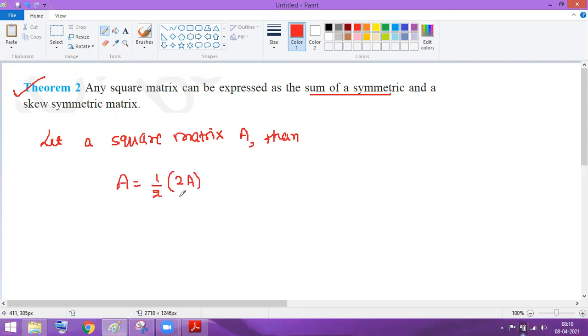Is there any problem, guys, if I write A equal to half of 2A?